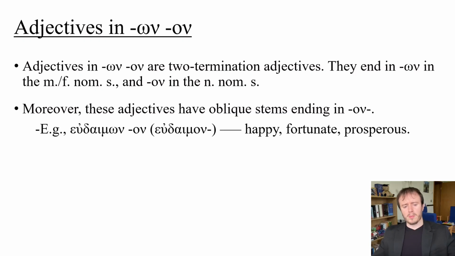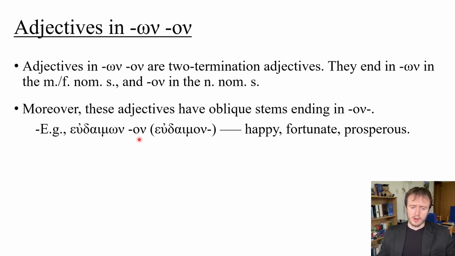An example of one of these adjectives in -ων and -ον is the adjective εὐδαίμων, meaning happy, fortunate, or prosperous. We can see that in the masculine/feminine nominative singular, the form used is εὐδαίμων.